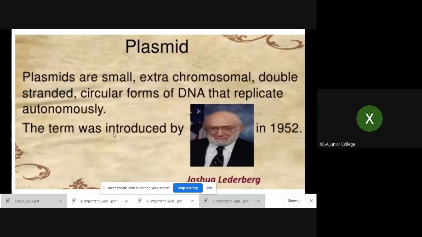But along with that, these plasmids are present in some of the bacterial cells, and they are extra chromosomal. Along with the main genetic material, they are also present, and they are double stranded circular forms. If you remember the structure of prokaryotic genetic material, it is also circular but double stranded DNA, and plasmids can replicate autonomously. Try to understand, replicate means they can show replication. Autonomous means they can show self replication, and the term was first introduced by Lederberg.